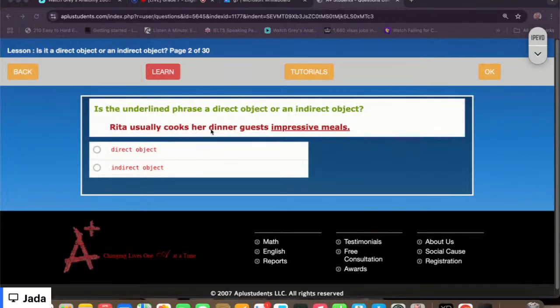Rita usually cooks her guests impressive meals. So, what is this? Direct or indirect?